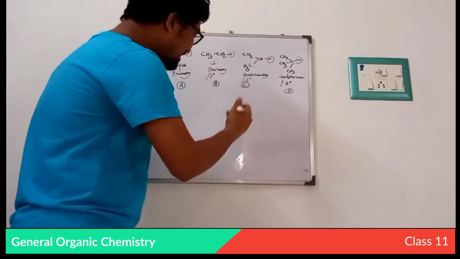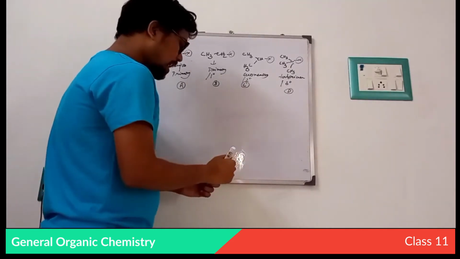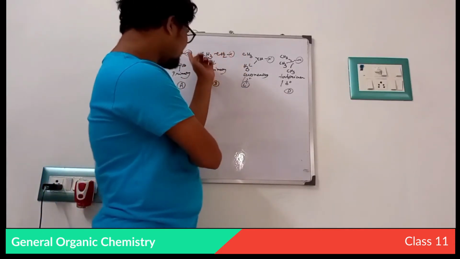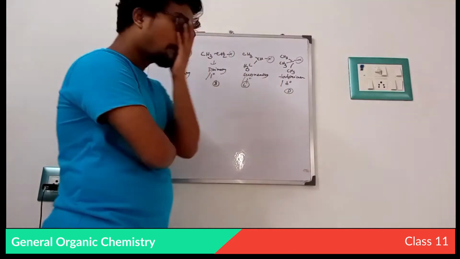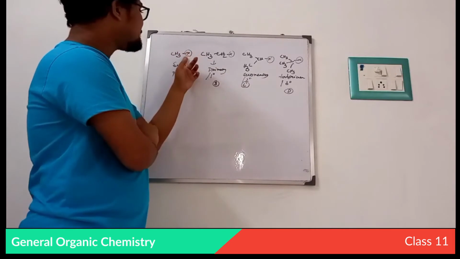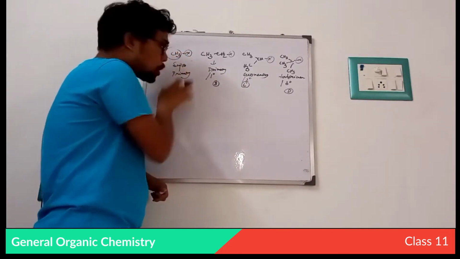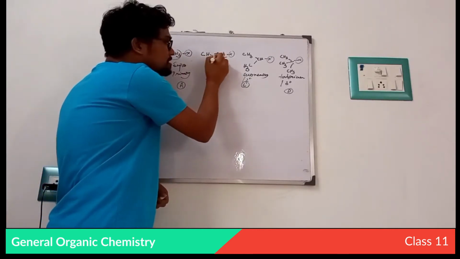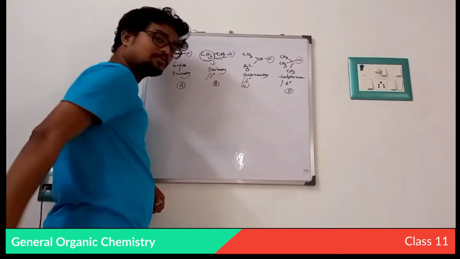At the very first part of this class, I told you that the CH3 group donates its electron density towards X. Now look very carefully. In this case, only one CH3 is present to donate the electron pair. In this case, one CH2 with one CH3 donates electron density towards X.